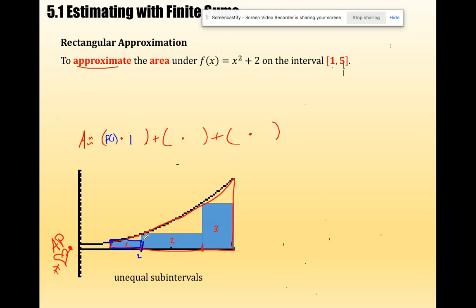The height of the rectangle is the height of the function at 2. Pretend you are constant for an entire interval. How long is that interval? Third rectangle, what's the height? The height of the function when x is 3, constant over that entire interval. How long is that one?